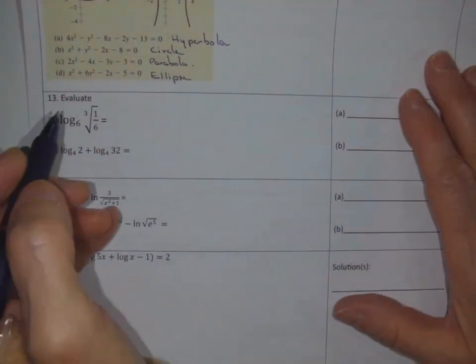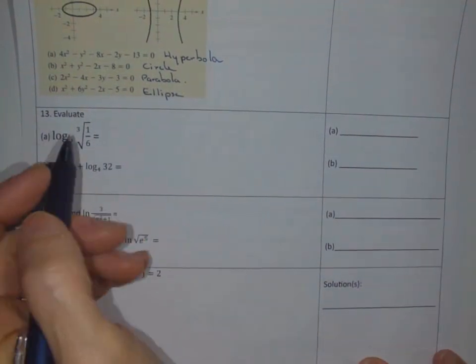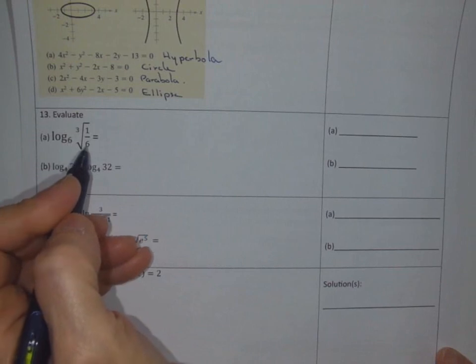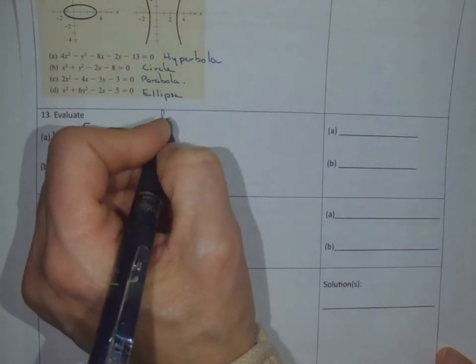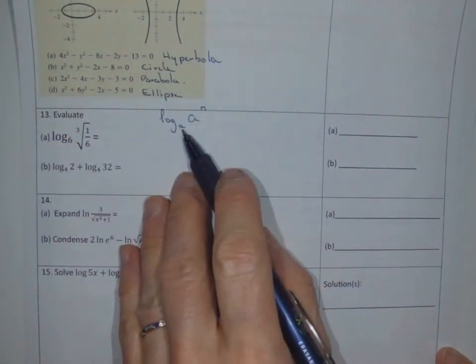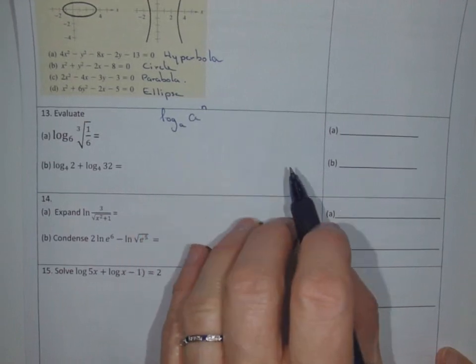Logarithms. So I think we did all of those together, but let's just re-emphasize. So we have a base 6, and then there is a 6 here. So I'd like to rewrite that log so that I have the base and the inside of the log that are the same, and then to an exponent, right?